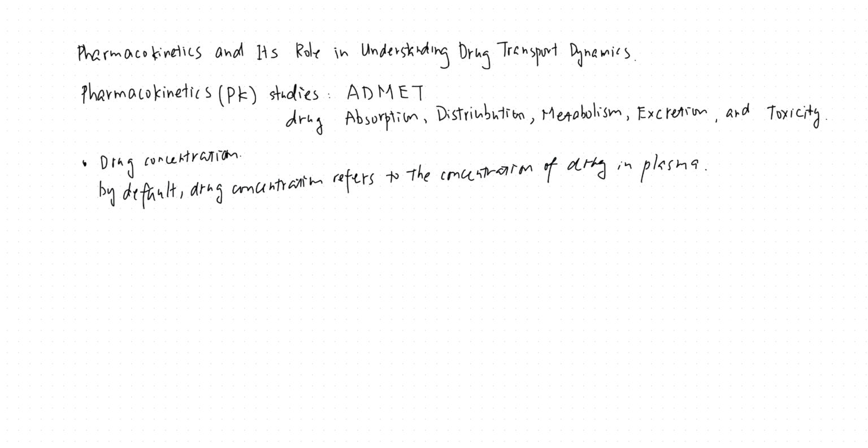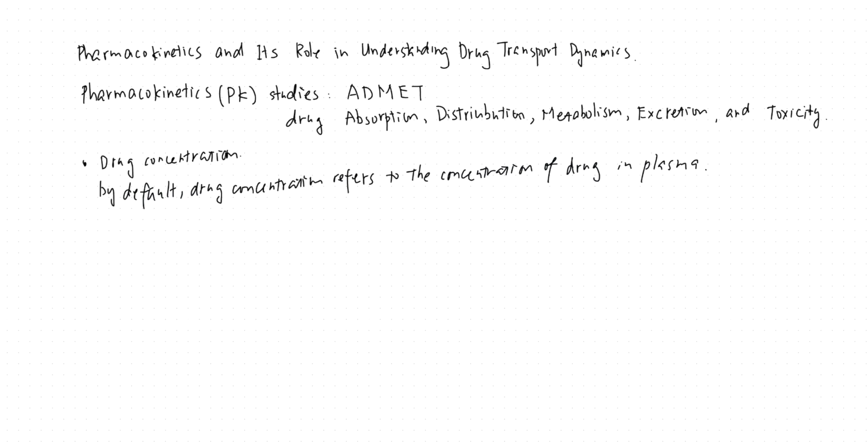You know that drug can be anywhere in the body, not literally anywhere, I just mean it can travel in much wider spaces besides plasma. So in other places, it may have different concentrations.